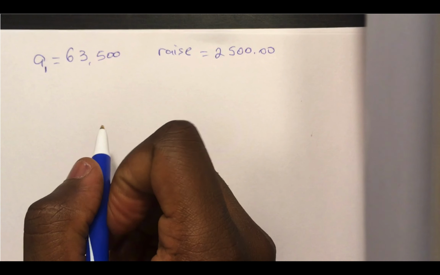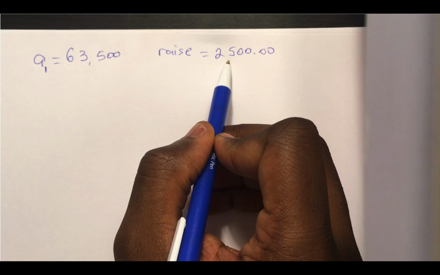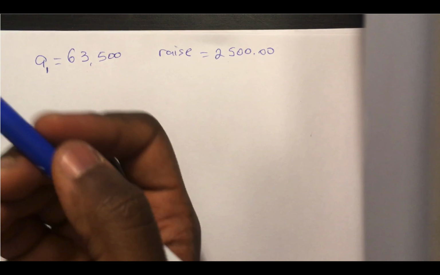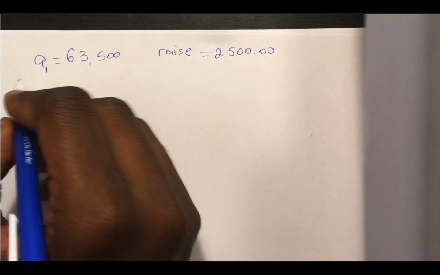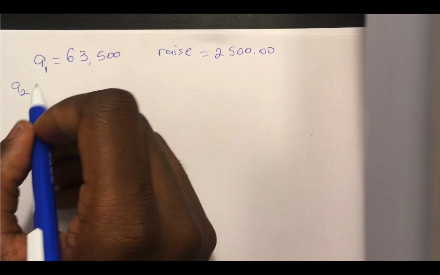So if this is the starting salary and this is the annual raise, annual means it increases each year. So the next year, whoever is making this would now make this.